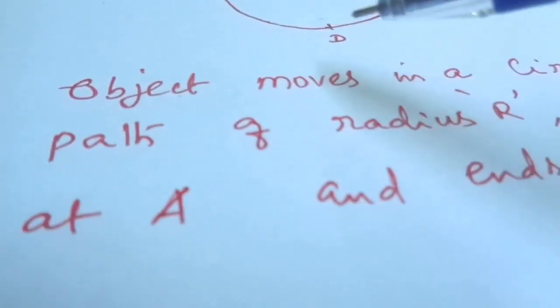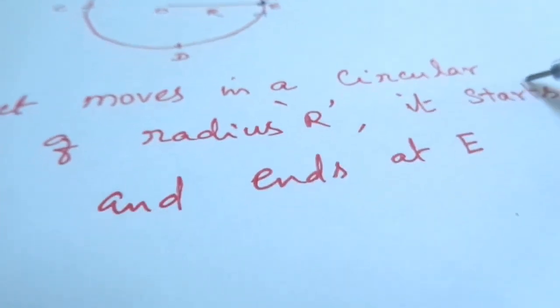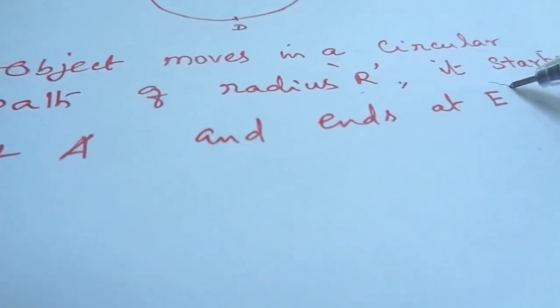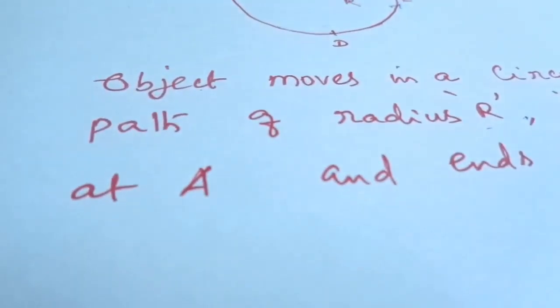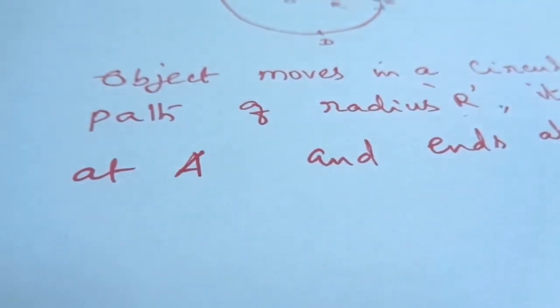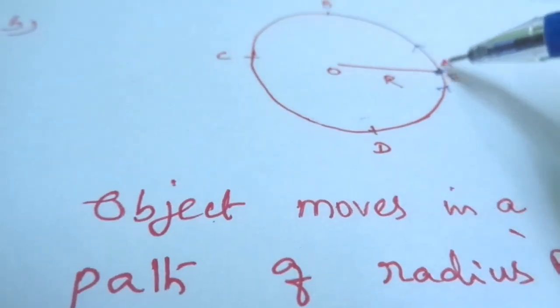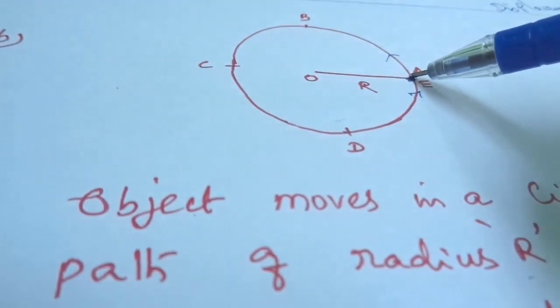Its starting point is A and the ending point is E, that means E is nothing but A. The starting point and end point are the same. Here, find the distance.